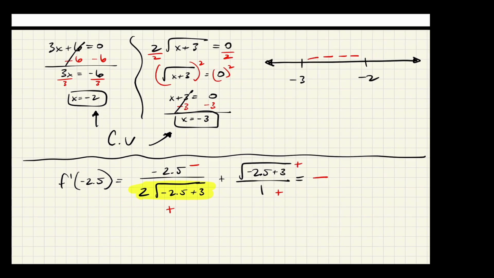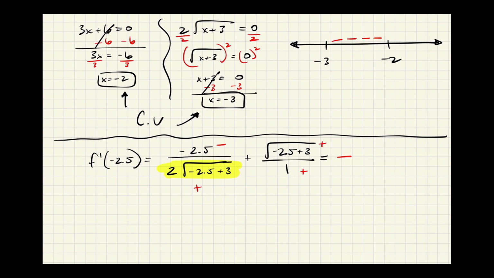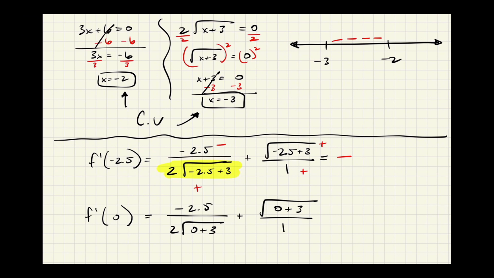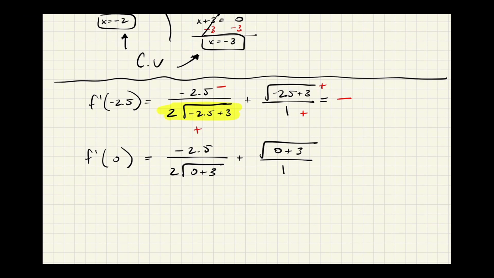One more, and then we're done. Pick a number bigger than negative 2. 0 is always a good one. Pick round numbers, not like 10, 5, stuff like that. So again, the first one's going to give us a negative, right?